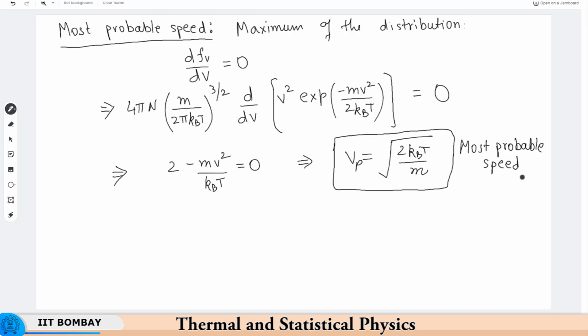Okay. And another straightforward thing that we can do is what is known as the energy distribution. Remember, so far we have been interested in how many molecules are moving between speeds V and V plus dV. But you can also ask the question, how many molecules are moving with kinetic energy between E and E plus dE? So, how many molecules are there in this window?